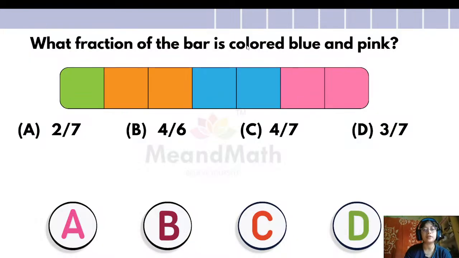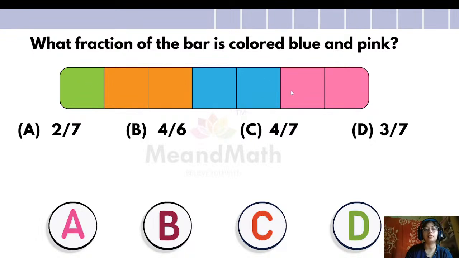We are continuing with the topic of fractions, so today's session will also be on fractions. This is your first question. It says, what fraction of the bar is colored blue and pink?